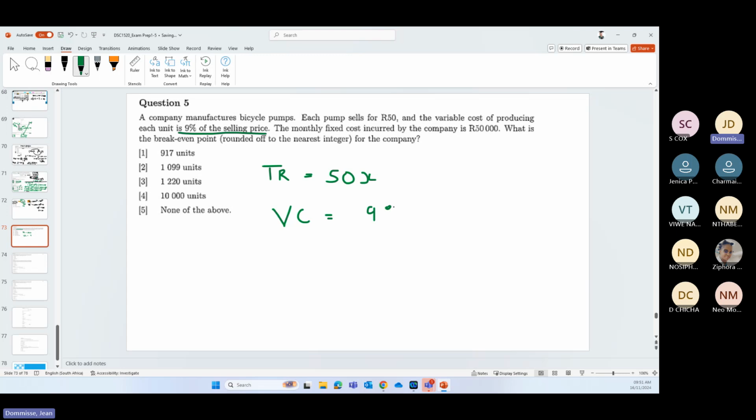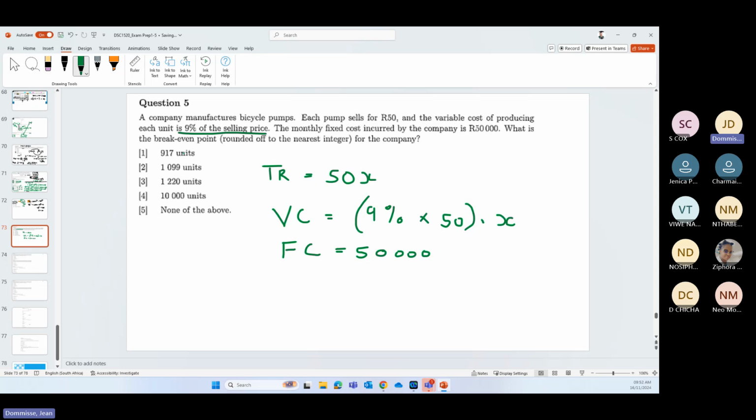The 9% times the 50 Rand, and then to get the variable cost in total, we multiply by X. Your monthly fixed cost is equal to 50,000.